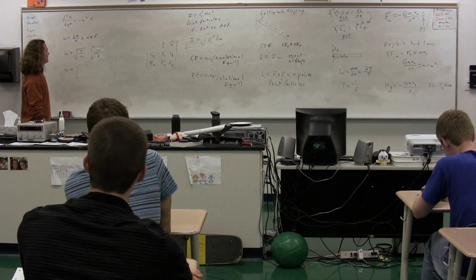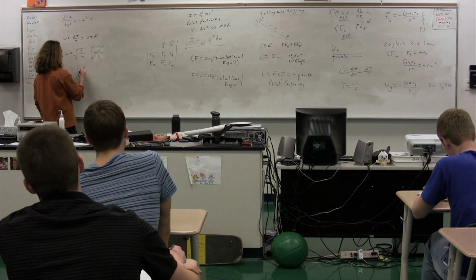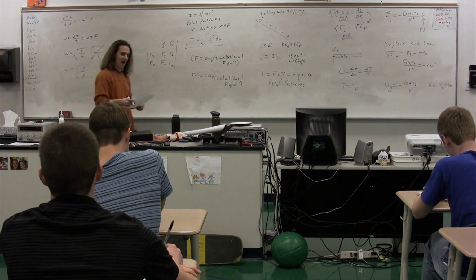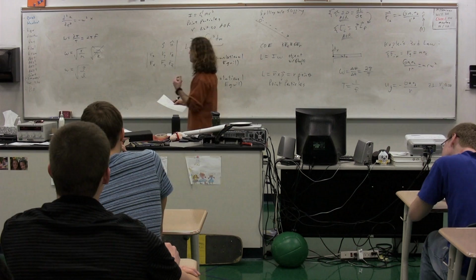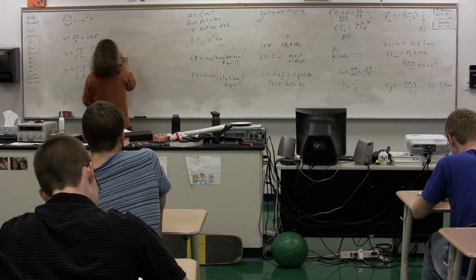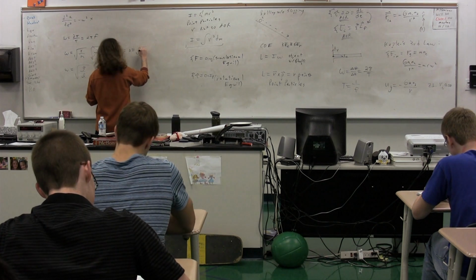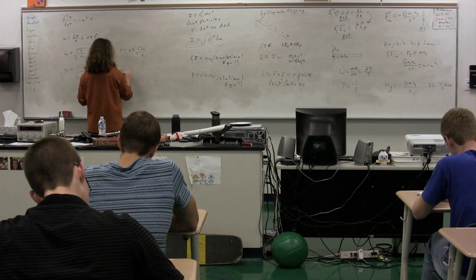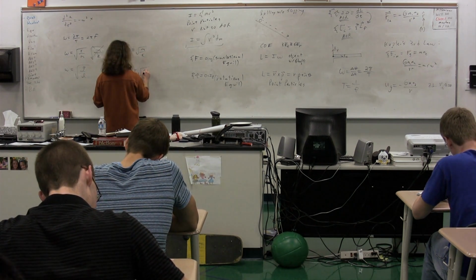Square root of g over L. You need to have those memorized. You also need to be able to derive them. We also have the equations for the periods here. Period equals 2 pi times the square root of m over k, and the period equals 2 pi times the square root of L over g.